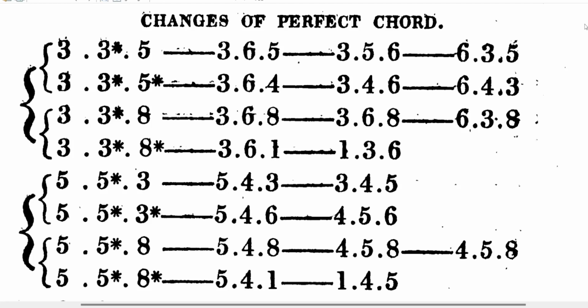Or it can be written as 3, 5, 6. Or it can be written as 6, 3, 5. It really doesn't make a difference because you're playing all three notes at the same time, unless, of course, you are playing the lute, when you play each note arpeggiated and separately.